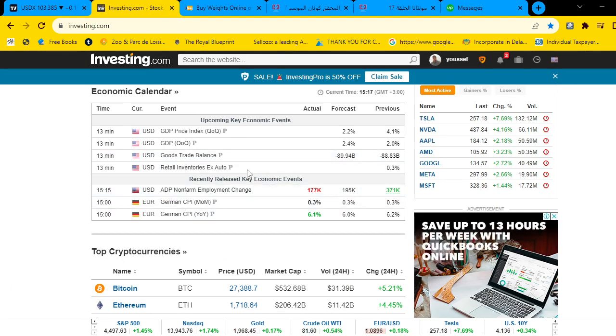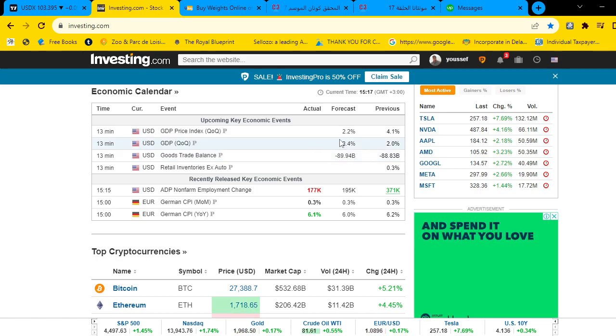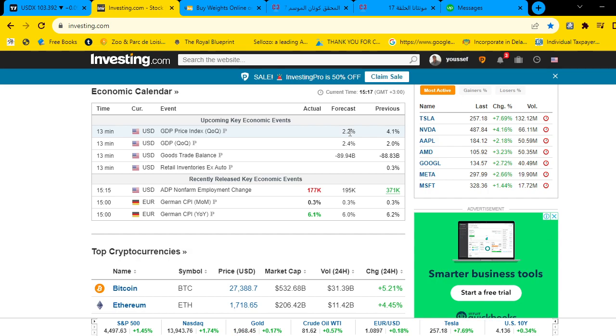since the GDP forecast is not showing strength, not showing any improvement. On the contrary, it's showing some weakness, because before it was 4.1%, forecast is 2.2.